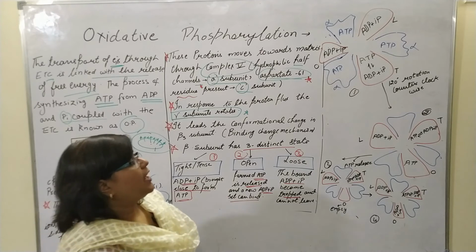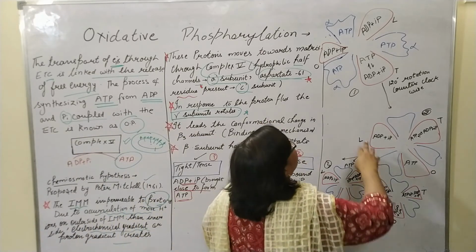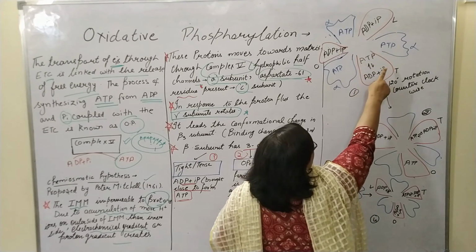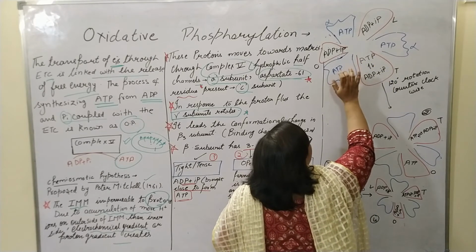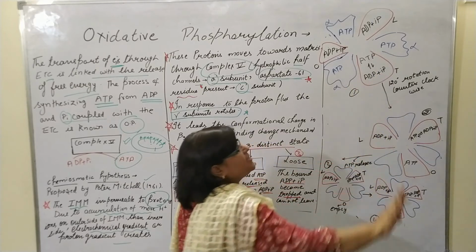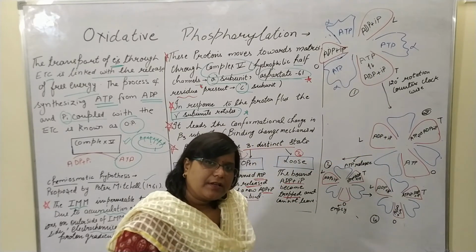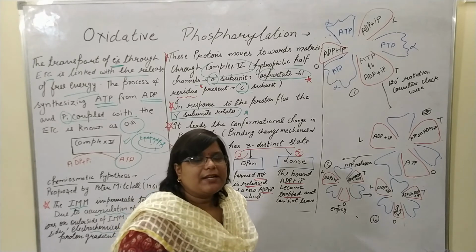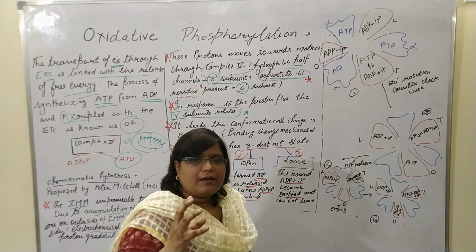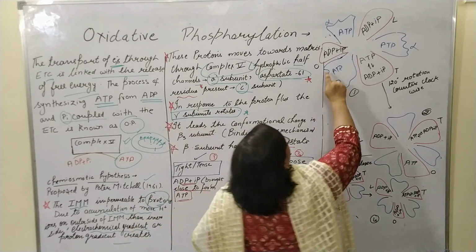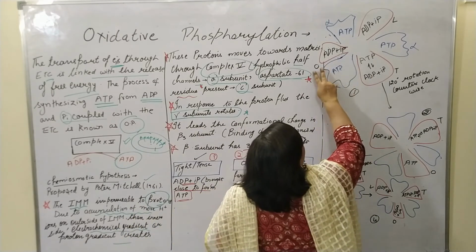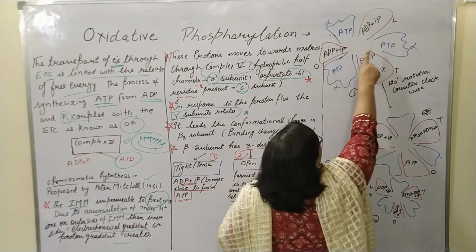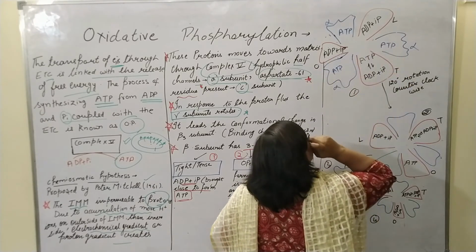So here I have drawn a diagram in which I have made the alpha subunits blue. Alpha subunits have ATP, but they are not participating in ATP formation. The catalytic unit is mainly the beta, so beta is mainly participating in ATP formation. In red I have marked O for open, L for loose, and T for tight or tense.